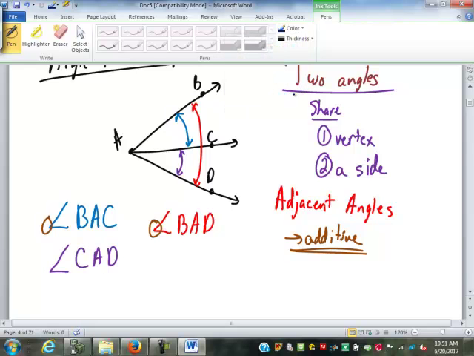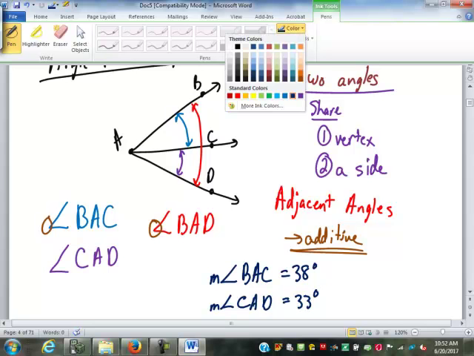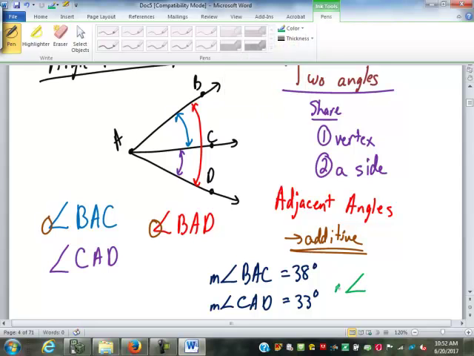So anyway, if I tell you that angle BAC is 38 degrees. Now, technically, rather than giving an angle BAC, we might put a little M in front of it. That M in front of it means the measurement of angle BAC is 38 degrees. Means the same thing either way. And if I tell you that the measurement of angle CAD is 33 degrees, that means the measurement of angle BAD must be what?